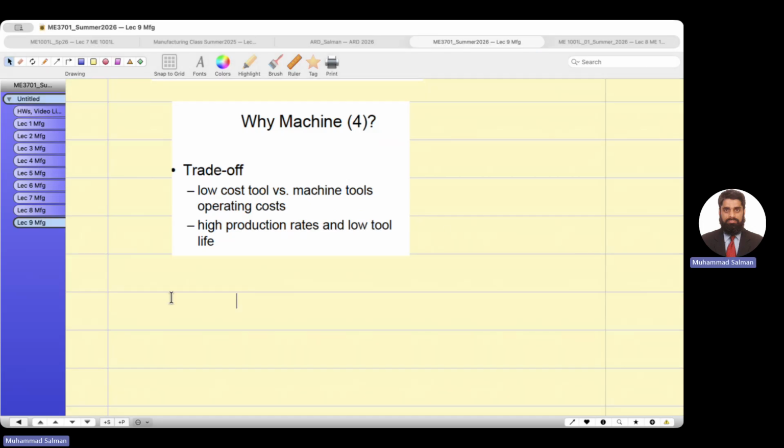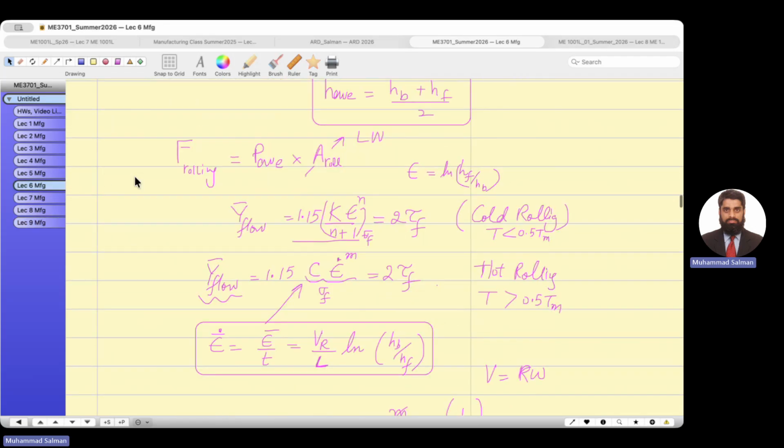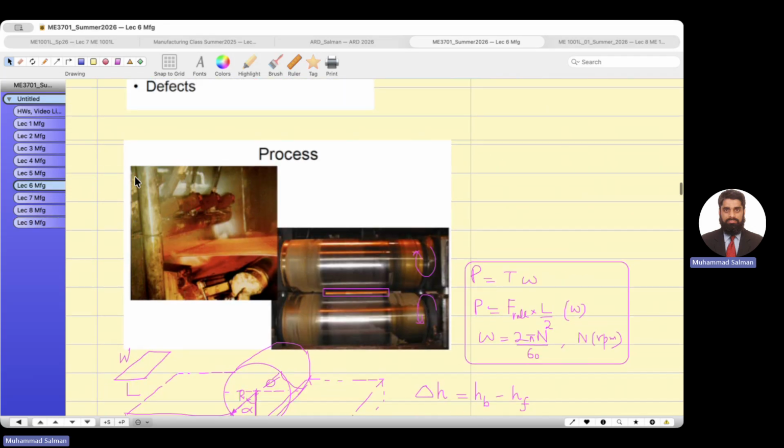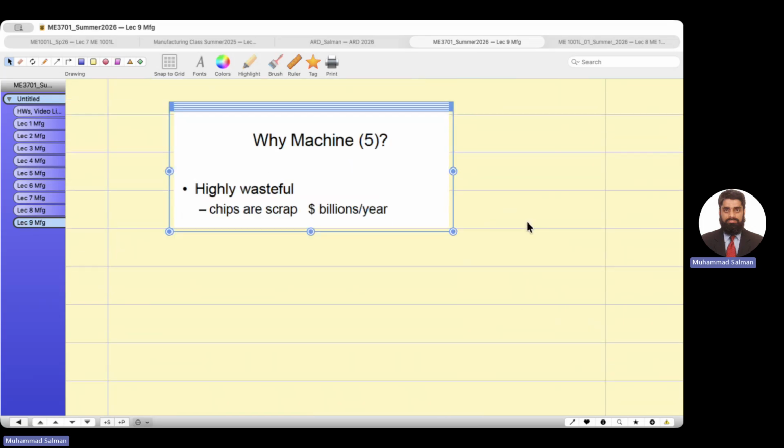Machining is a highly wasteful operation as compared to rolling. You see, in the rolling operation, nothing is lost, no waste. You just have to deform the shape. In machining, they are highly wasteful. Chips are going everywhere.